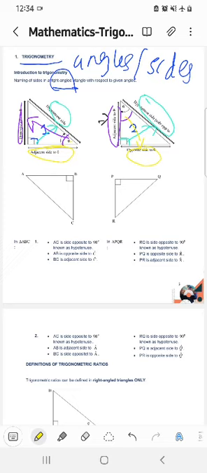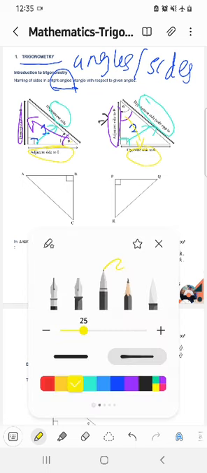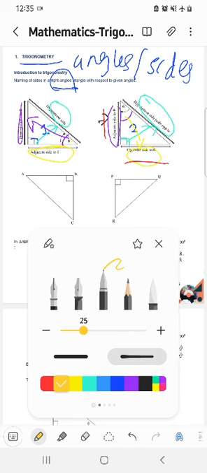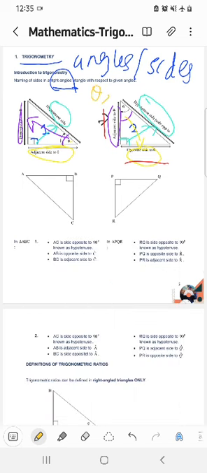So if you are given a triangle, the two sides are either opposite or adjacent, depending on which angle you are referring to. In this case, we use the Greek names for the three angles: theta, alpha, and beta. These Greek letters represent unknown angles.